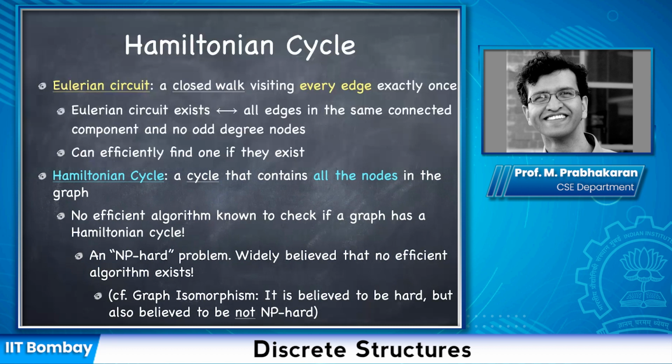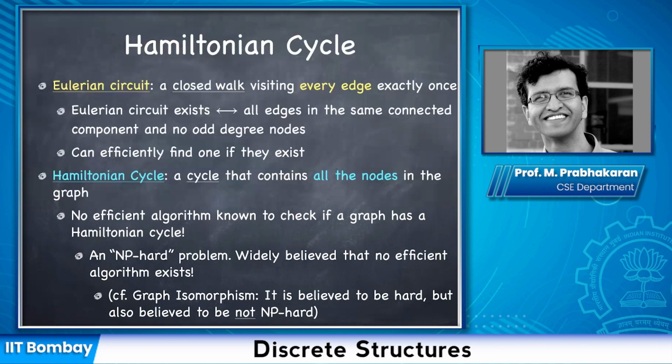It's still believed to be a hard problem, in the sense that we don't think it has an efficient algorithm, but it's not rich enough to model all these problems in this class called NP.